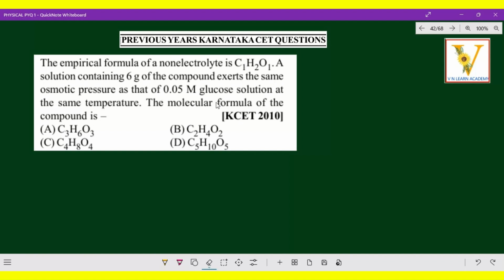What are the data they have provided? Empirical formula they have provided, molarity of the substance they have provided, and given mass they have provided. Okay, come on, let us find that molecular formula.